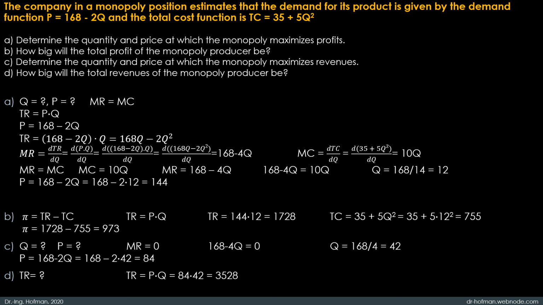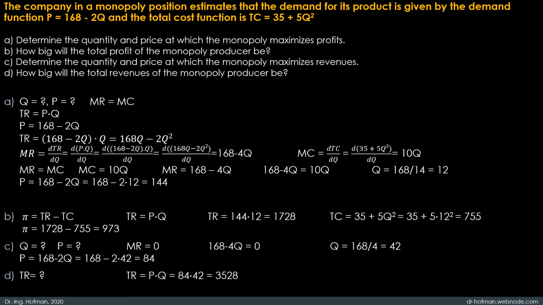In C part, we are asked to determine the quantity and price at which the monopoly maximizes sales. We know that the company maximizes sales if marginal revenues equal 0. Marginal revenues were calculated in the previous point as 168 minus 4Q.